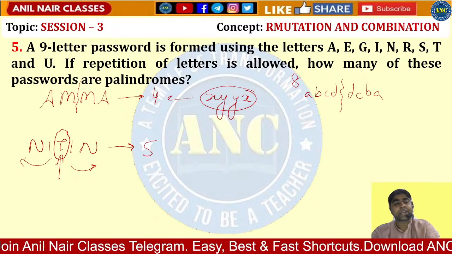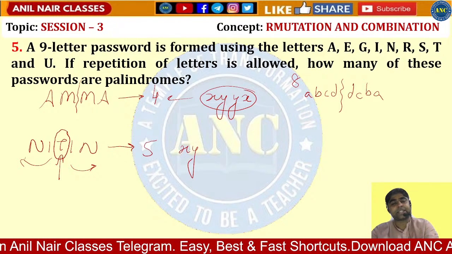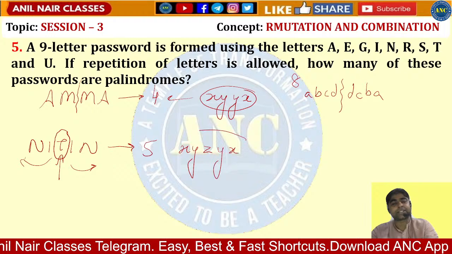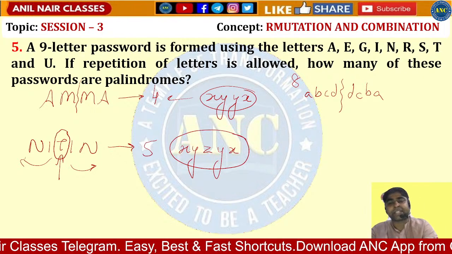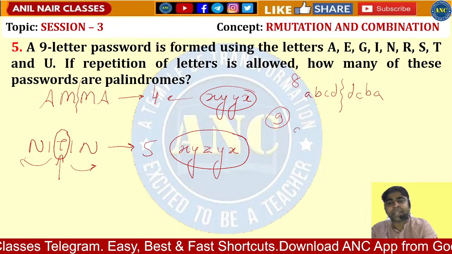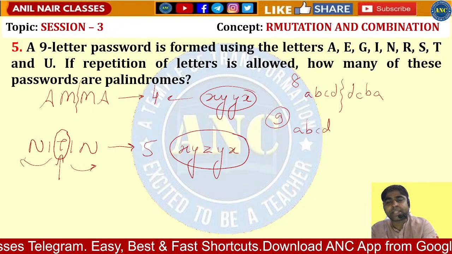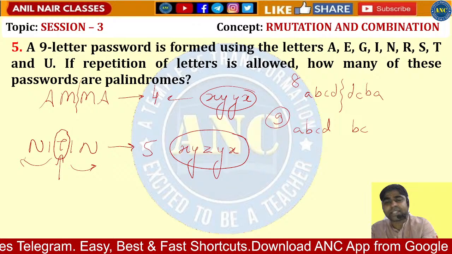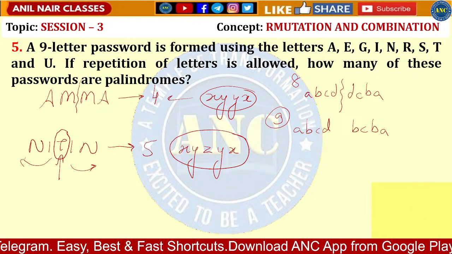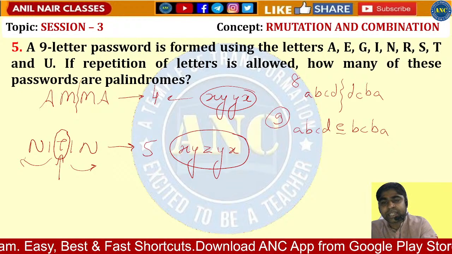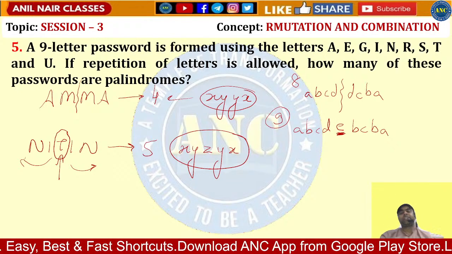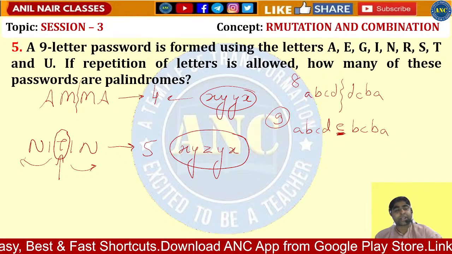Something like XYZ and YX. In the case of it being 9, it would be something like ABCD and DCBA. These would be the left and the right of it, and E in the middle would be the one which did not get repeated.